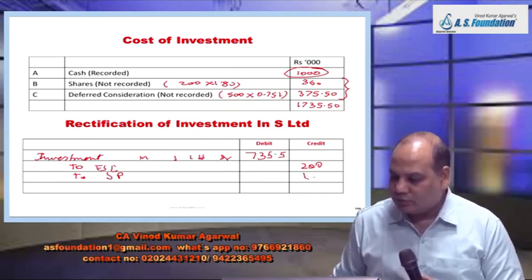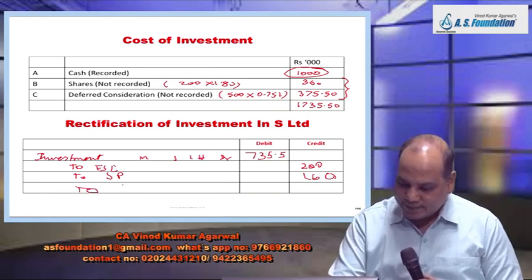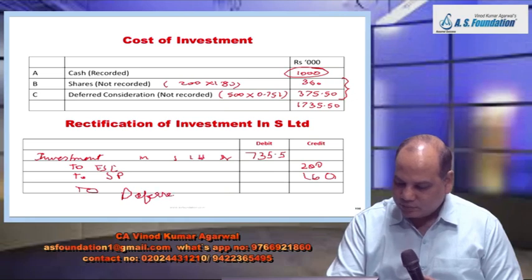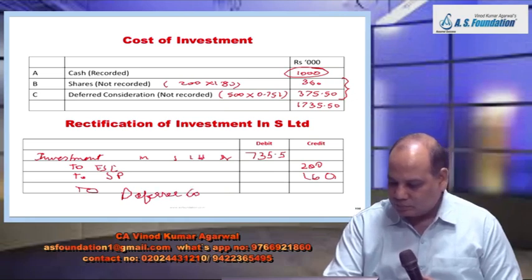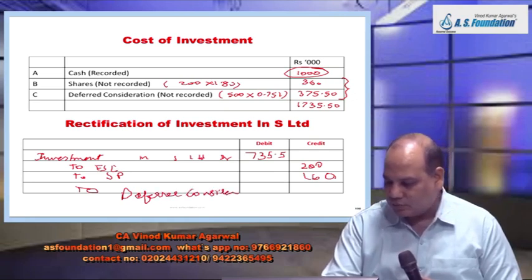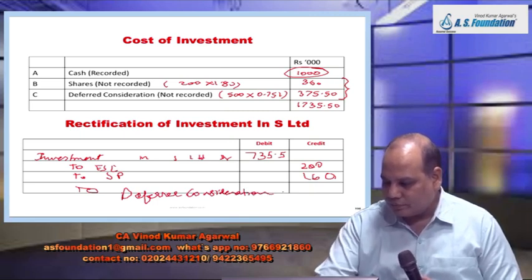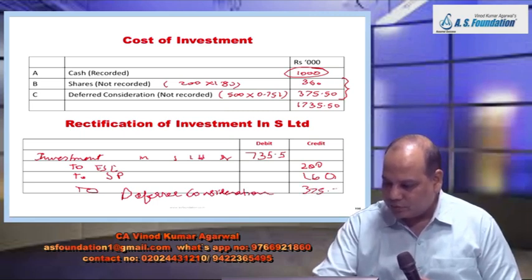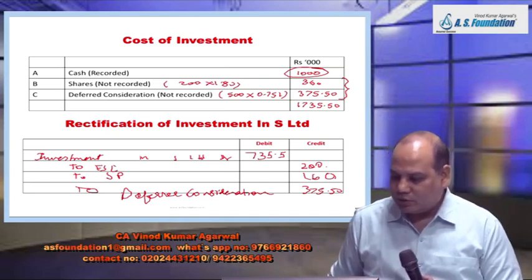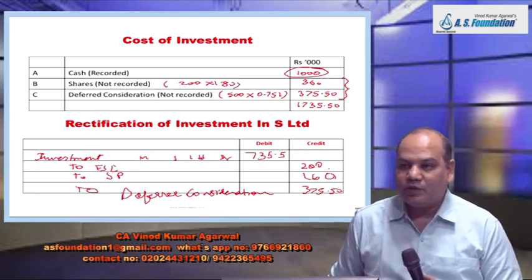Right, 160. And to deferred consideration. How much is that? 375.50. So this, remember, this effect of this entry is yet to be given in the SOFP.